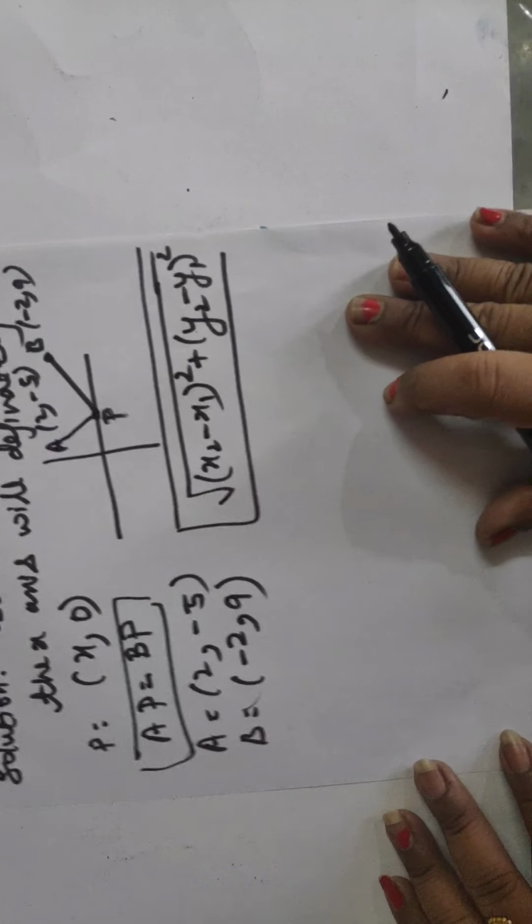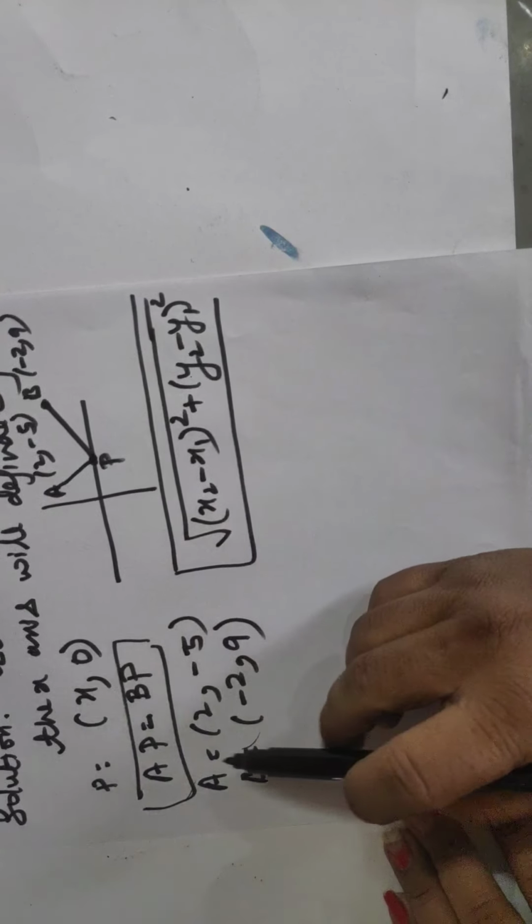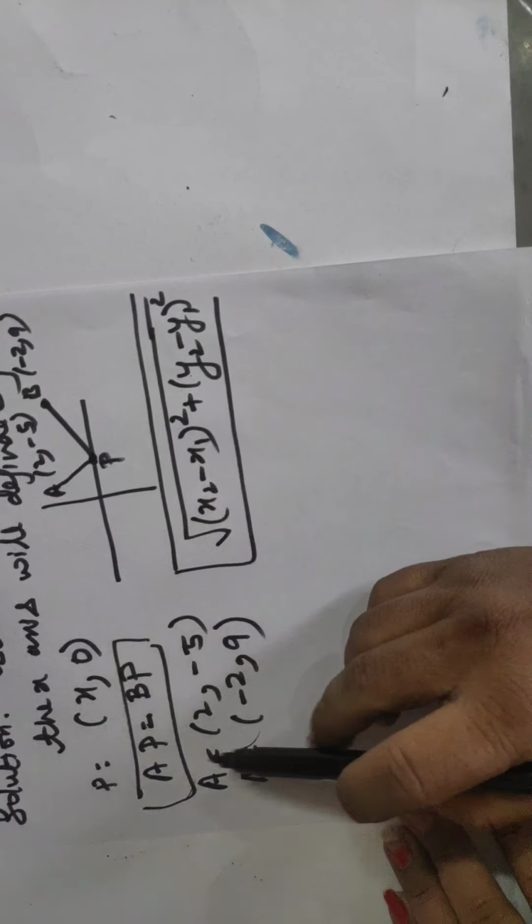Yes. Now what we are going to do? We will find the value of AP and BP. How we can find out? Suppose x2 always we will take this one x, and here x2 this one and y2 also this one.